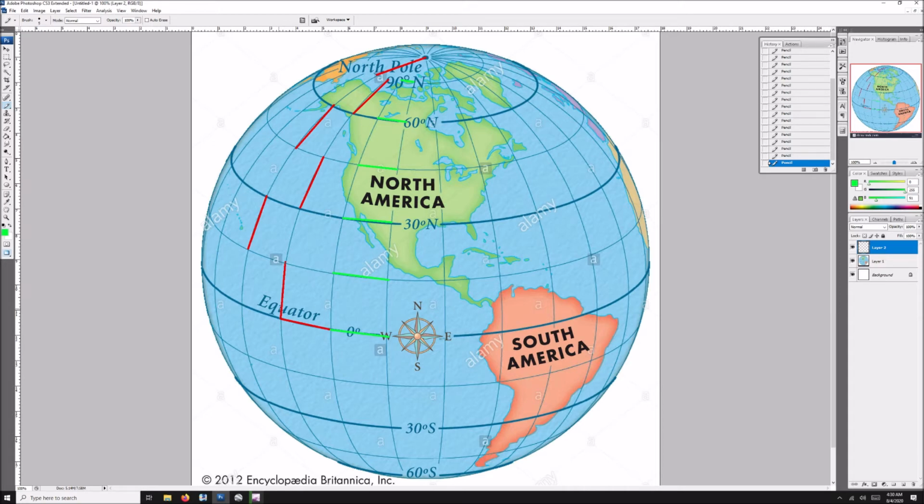Now, from this intersection of these two red lines going northward, following a line of longitude, we come to 15 degrees north latitude. And it just so happens that this sort of vertical line here has the same length as the line at the equator.